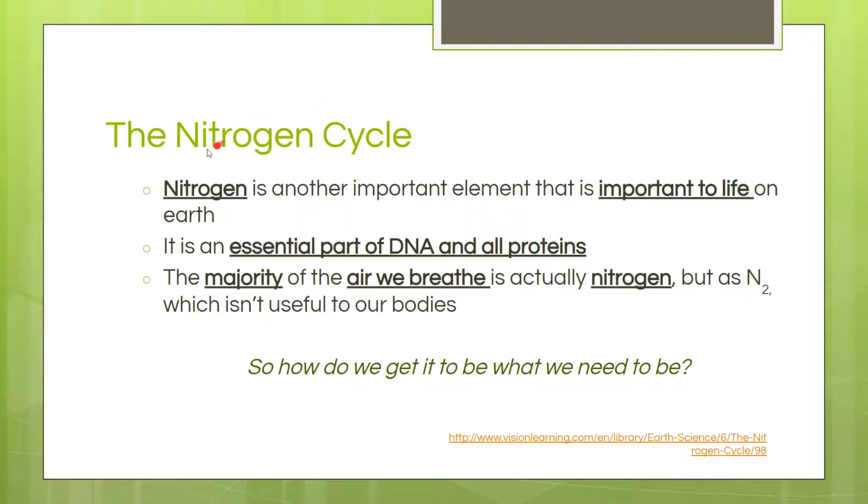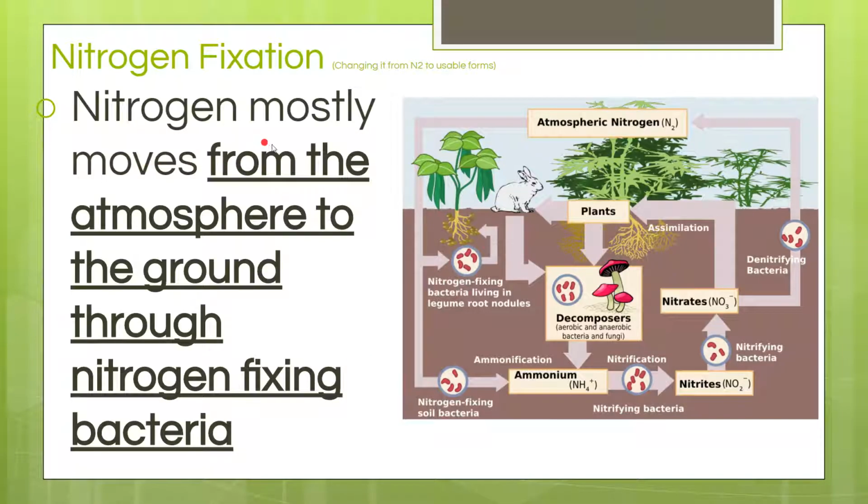And the nitrogen cycle. Nitrogen is another important element that is important to life on Earth. It's an essential part of our DNA and all proteins. The majority of the air we breathe is actually nitrogen, but as N2, which just means two nitrogens, and isn't useful to our bodies. So how do we get what we need? Nitrogen mostly moves from the atmosphere to the ground through nitrogen-fixing bacteria.